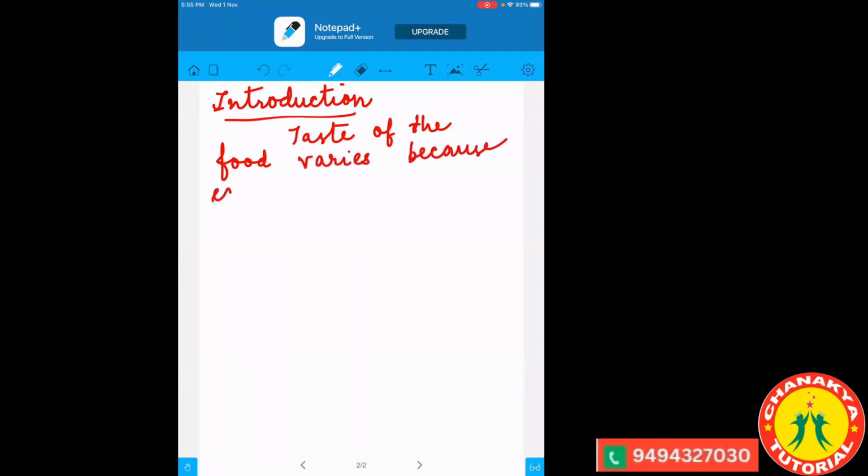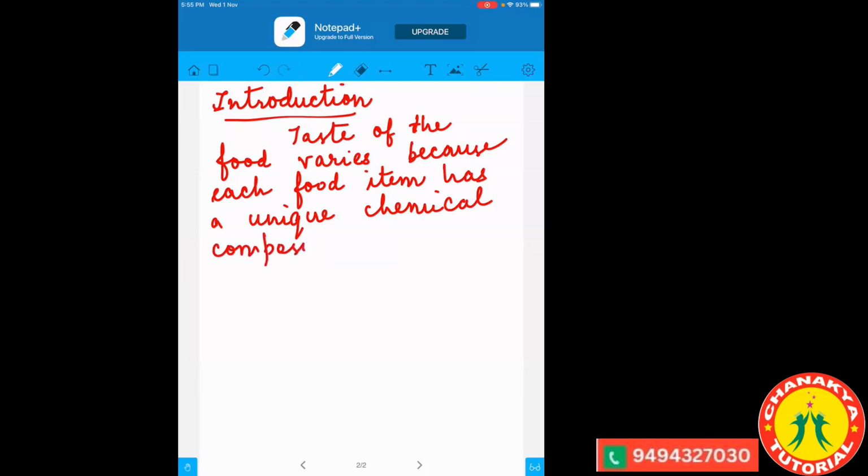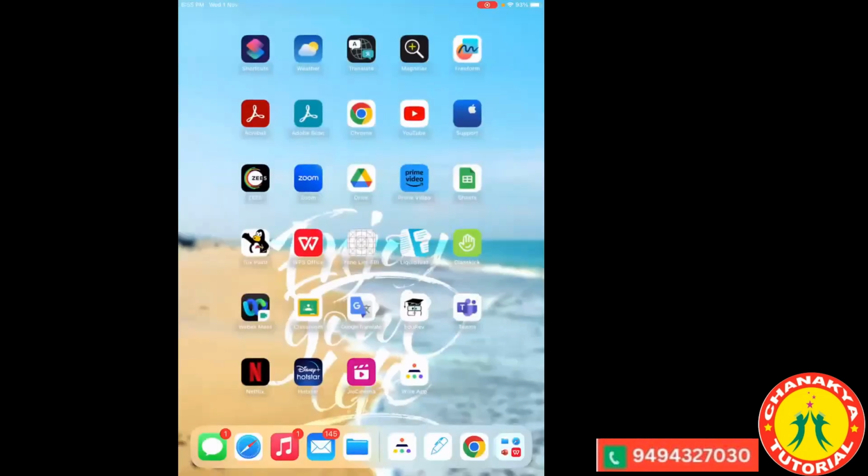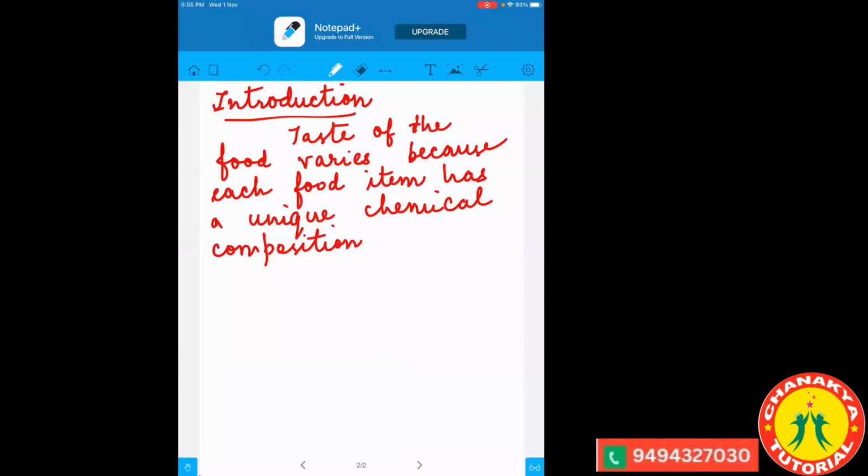Because each food item has a unique chemical composition. Onions, potatoes, tomatoes, or any other vegetable or fruit taste very different. It is because of the different chemicals present inside them that they taste very different to us.